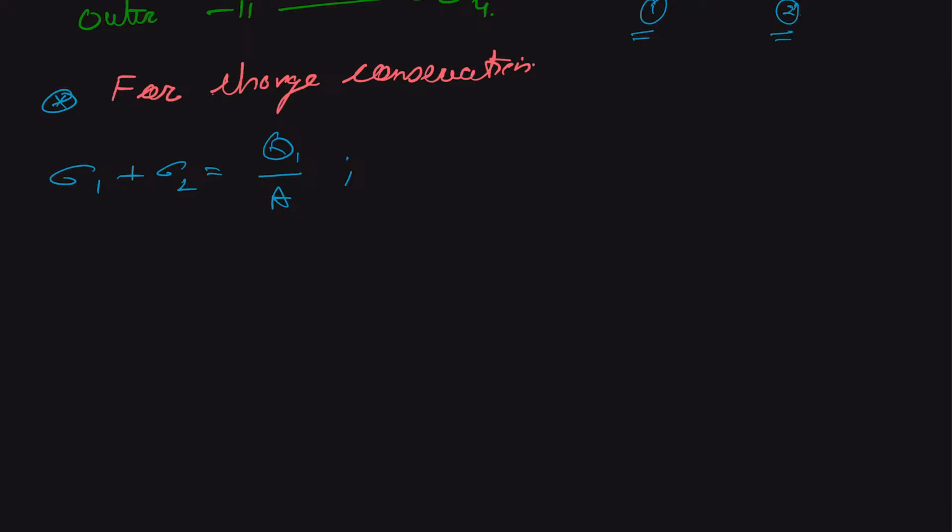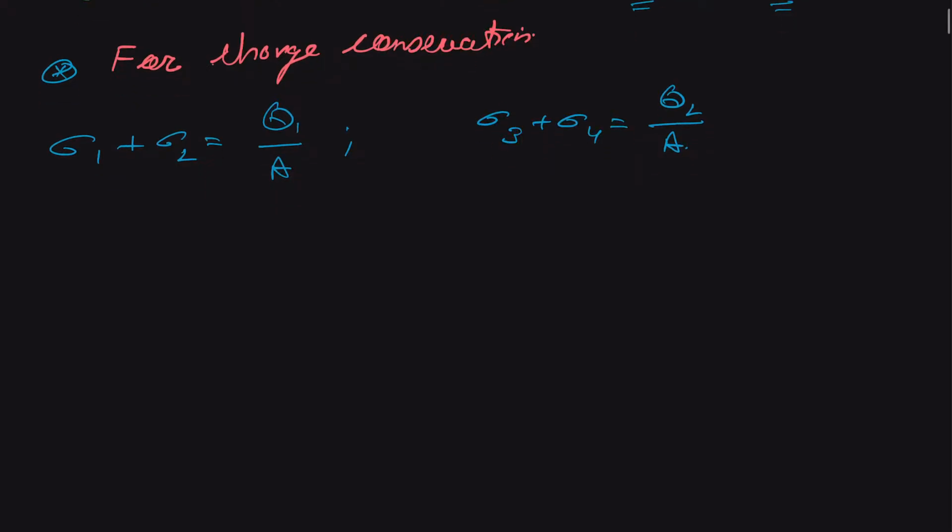This was with respect to plate 1, and similarly we can write for plate 2 that their surface charge density will be equal to the total charge divided by the area. And so we are going to find out how this basic formula is going to be derived.